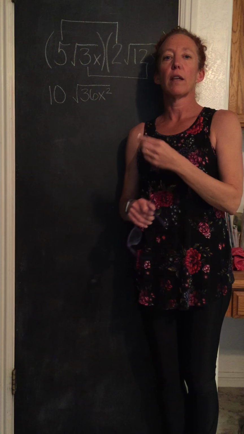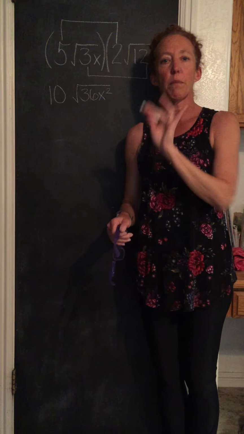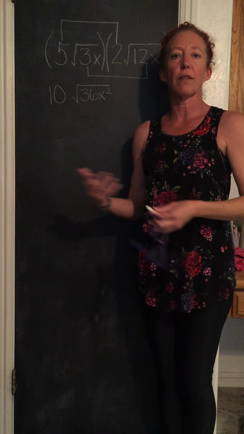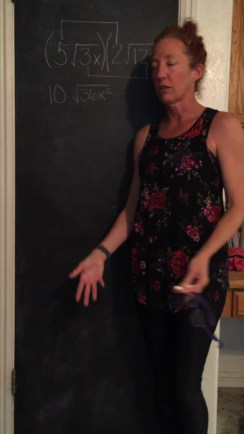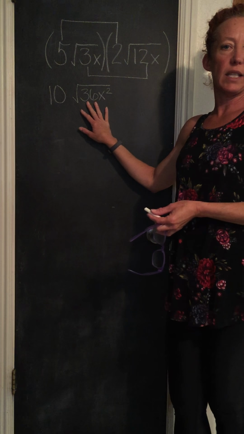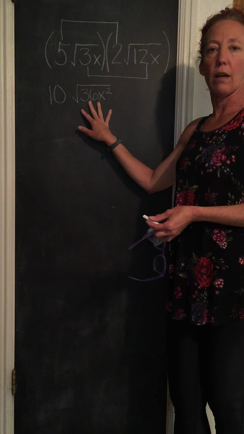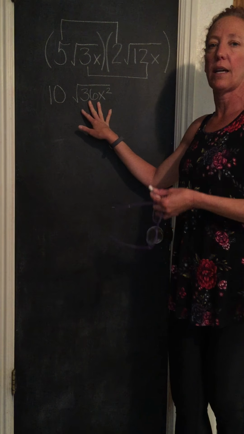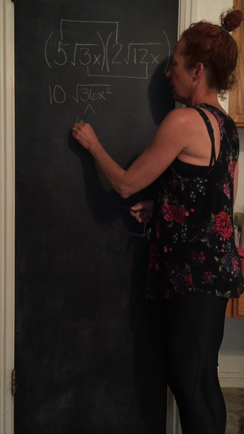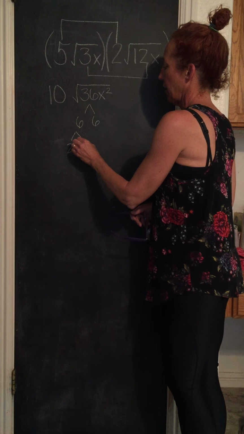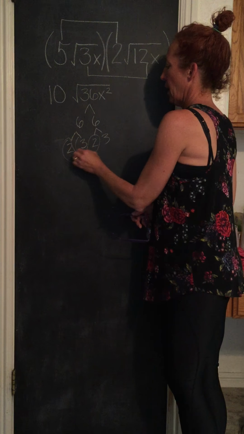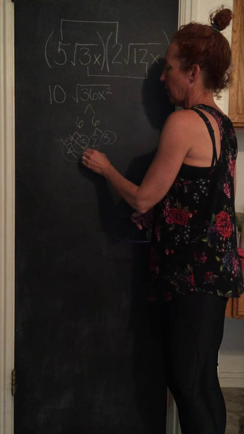Now, here's the thing. You get so into doing the breakdown method that you don't just stop and look at your number. Students in the past, this is the trend. 36 is a perfect square. We know that to be 6 times 6. If you break it down, you're going to end up with a pair of 2's and a pair of 3's, and you're going to just go through the motions.